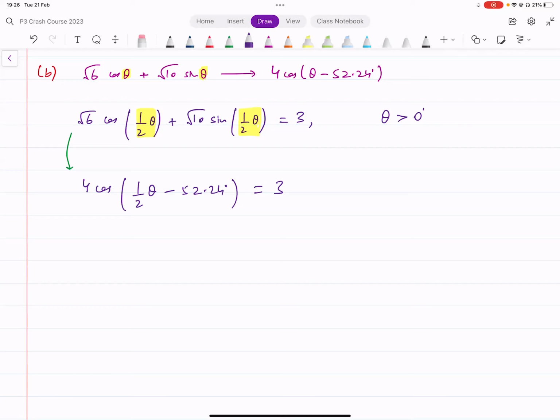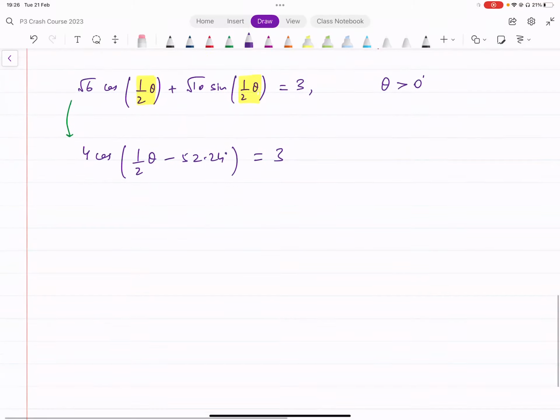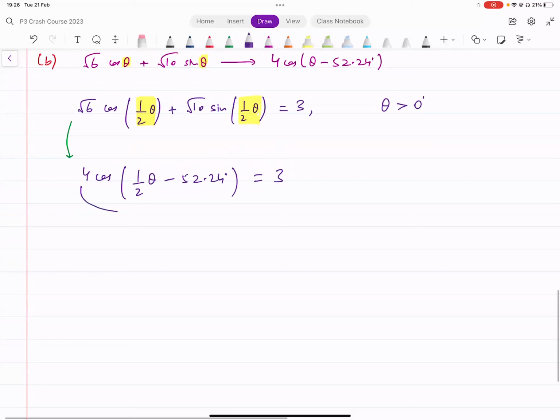All right. Now, again, how do we start? We could take 4 to the other side first, or we could just do the substitution first right away. So any of them works. Let's say you replace it by another letter. First of all, you say A equals half theta minus 52.24 degrees.